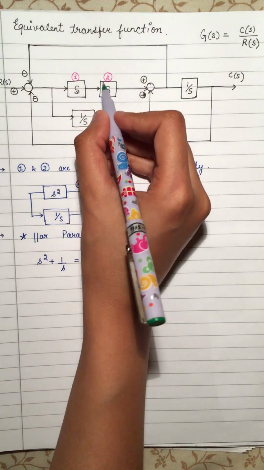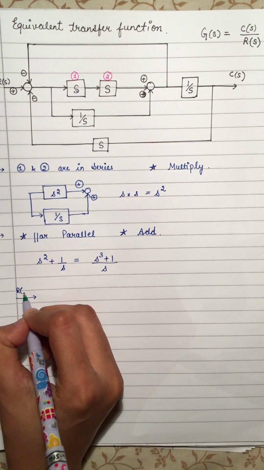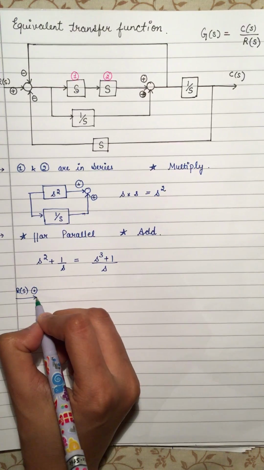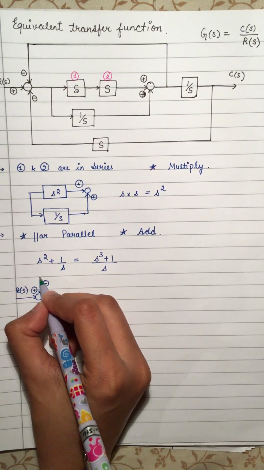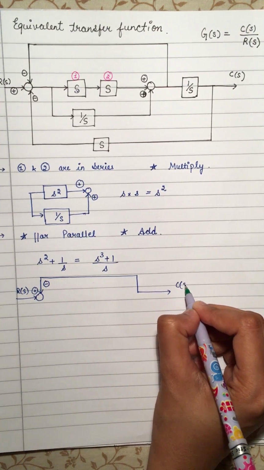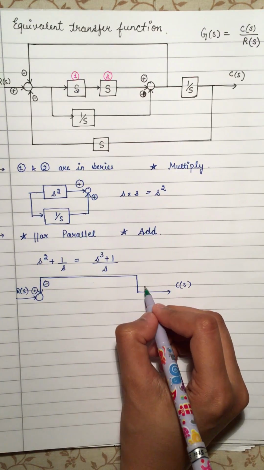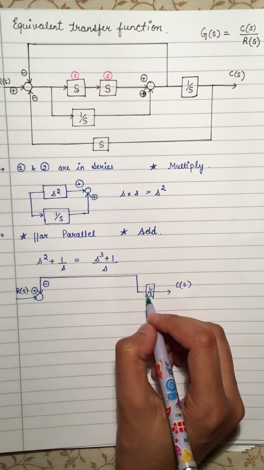Now this one will appear here. So it will be R(s), positive. Here is a negative loop. Here is the output. In the output we got 1 by s.